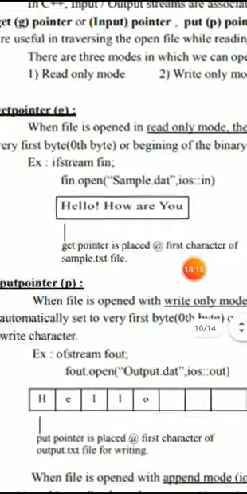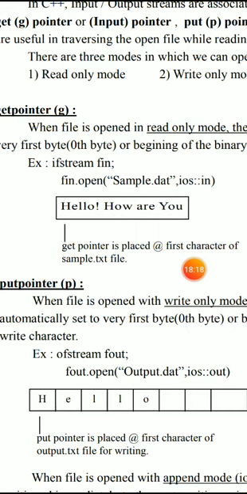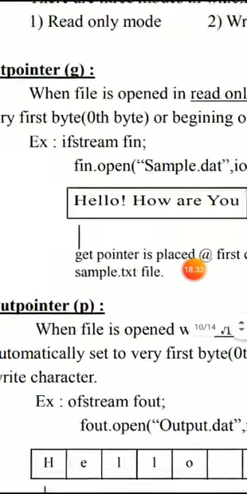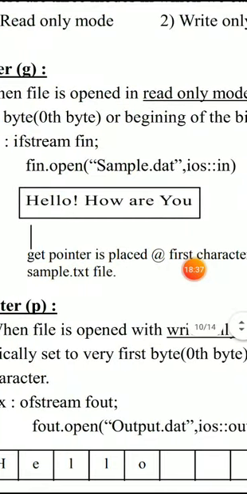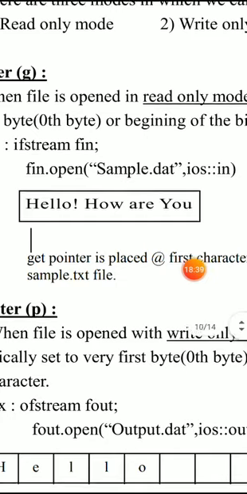If you want to place a get pointer, we have to open the file either for reading purposes or for writing purposes. If the file is open for reading purposes, then the get pointer gets activated. In the example here, we have to open the file for reading purposes. Say ifstream fin.open sample.dat, ios::in.